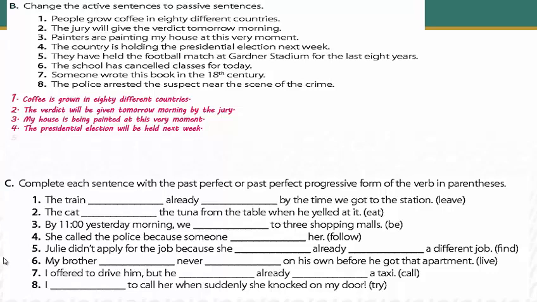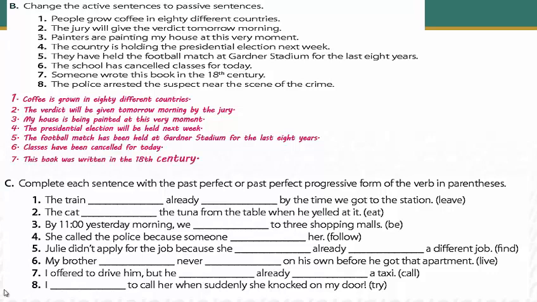Similarly, the football match has been held at Gardner Stadium for the last 8 years. This is present perfect or simple past tense. Yes, in the passive voice. Yeah, the football match has been held at Gardner Stadium for the last 8 years. Okay?